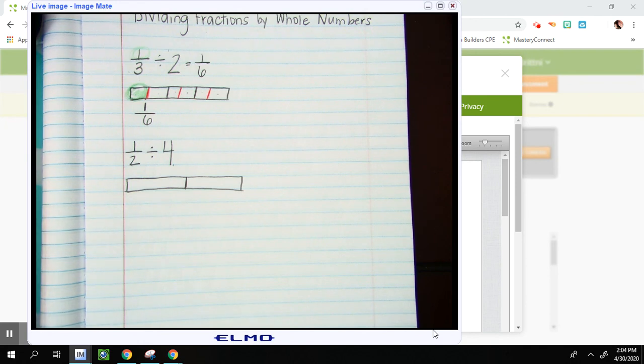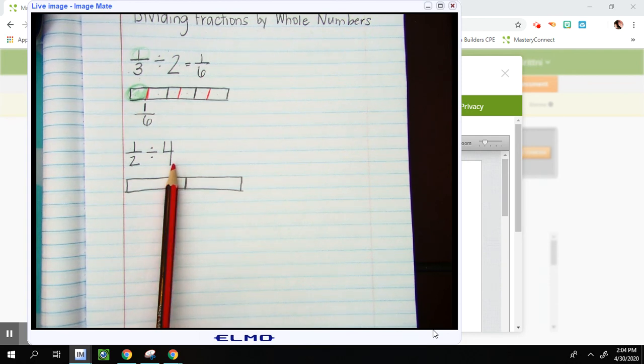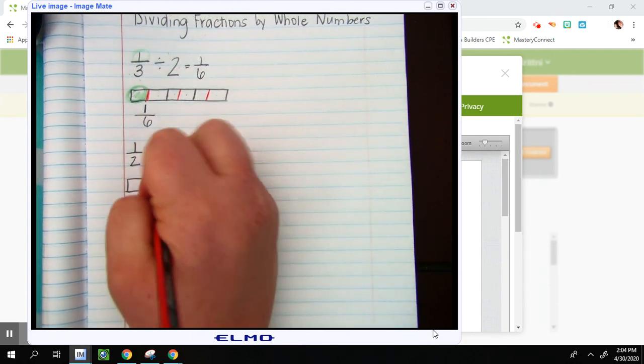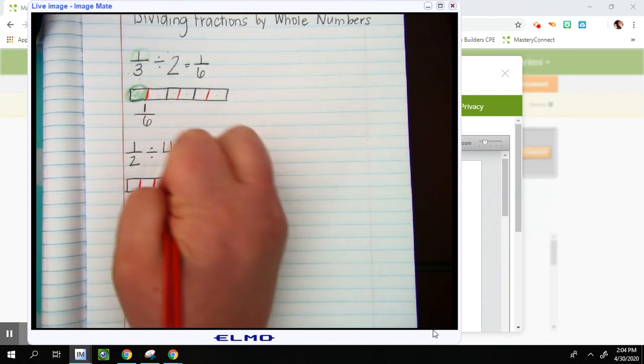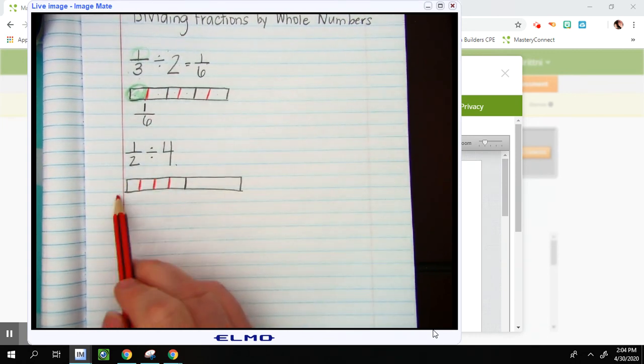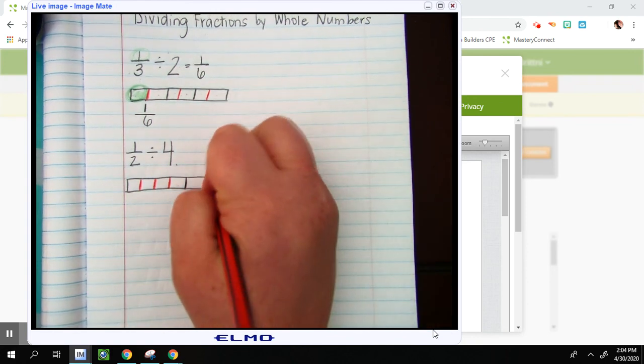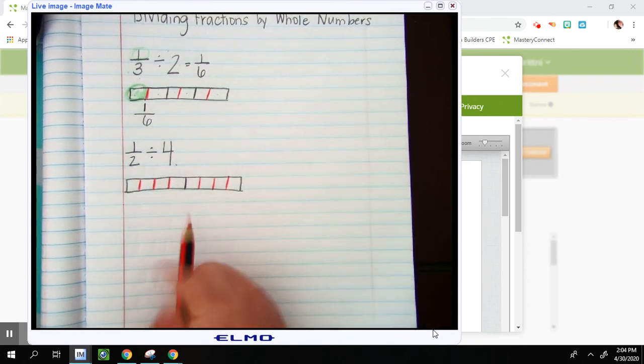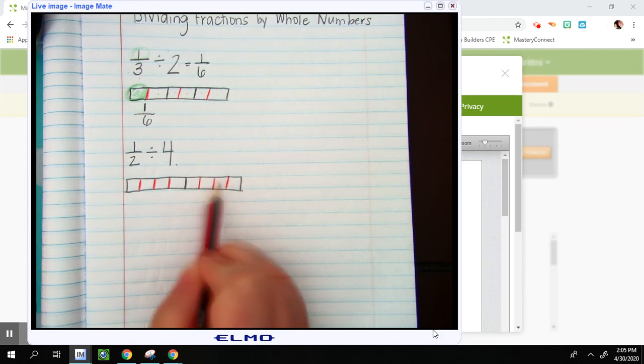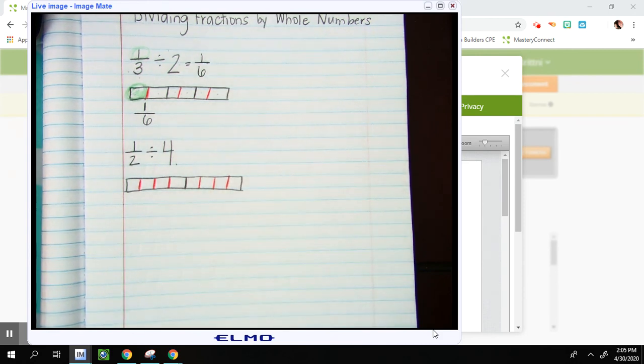Okay. Then, using my other color, I'm going to split each section based on my whole number. This whole number is a 4 for this problem, so I'm going to split each section into 4 pieces. So if you look, I have 1, 2, 3, 4 pieces here. And now I have 1, 2, 3, 4 pieces in that section as well.